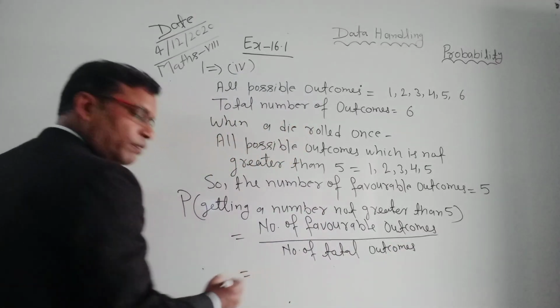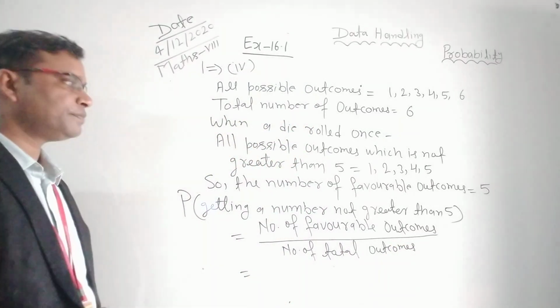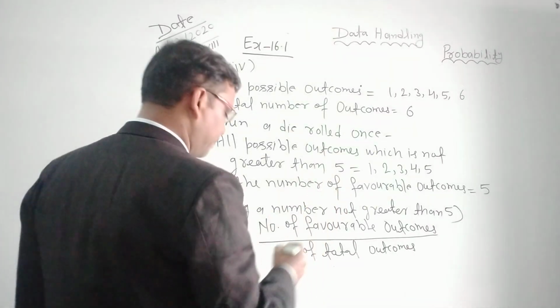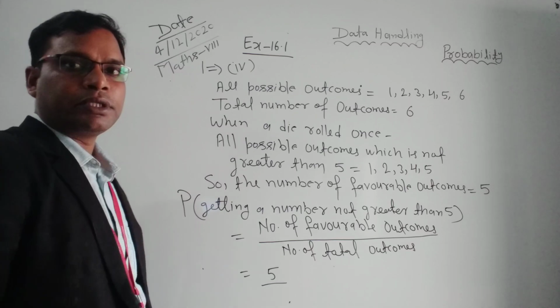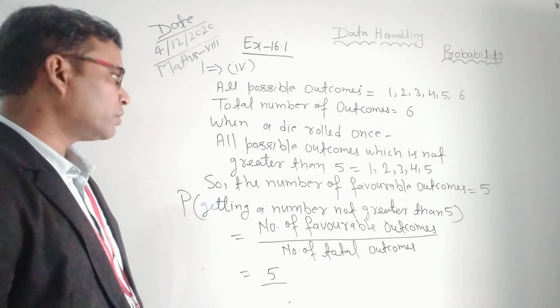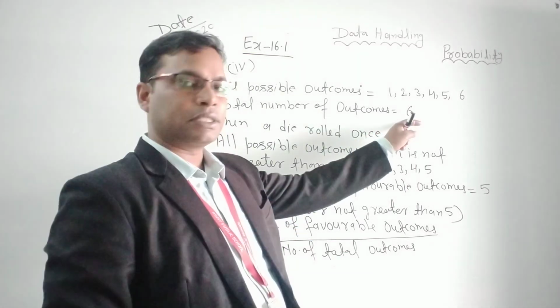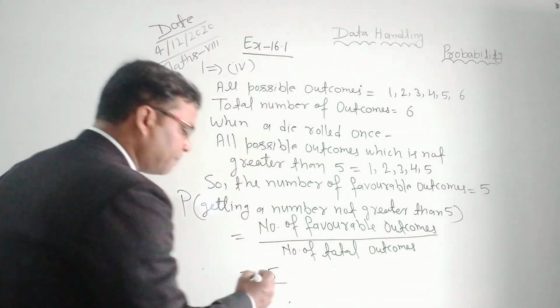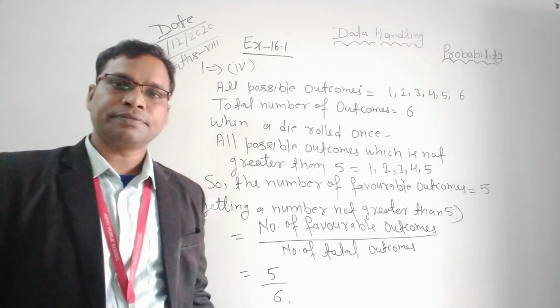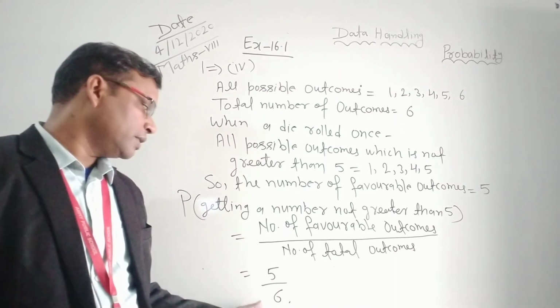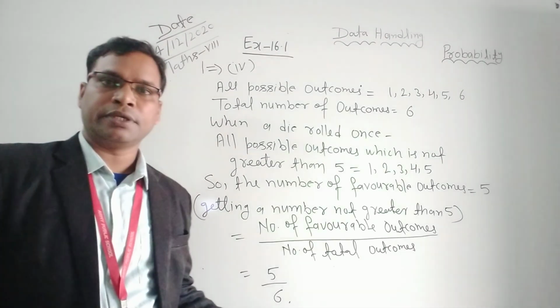Favorable outcomes is 5 and total outcomes is 6. So 5 by 6. Clear? In this way you can see our required probability is 5 by 6.